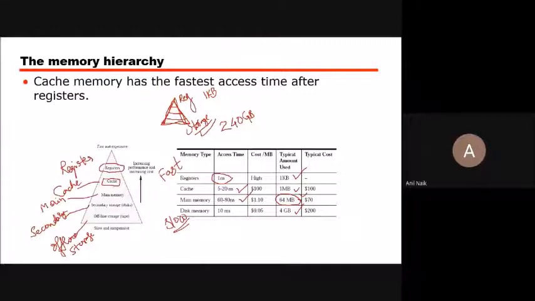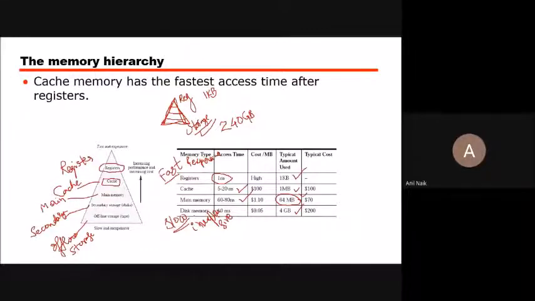Registers and cache memories are all faster, but costly, expensive. If you want fast memory, you have to pay more, and if it is slower, it is inexpensive.